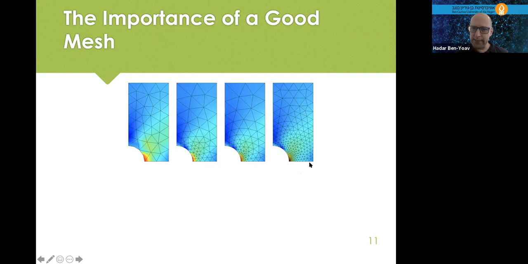Now, if we use this kind of mesh, we're going to catch the actual changes in this small dimension, and therefore we're going to have a much denser mesh than in places where we don't have a big change. So it's very important to have a good mesh.